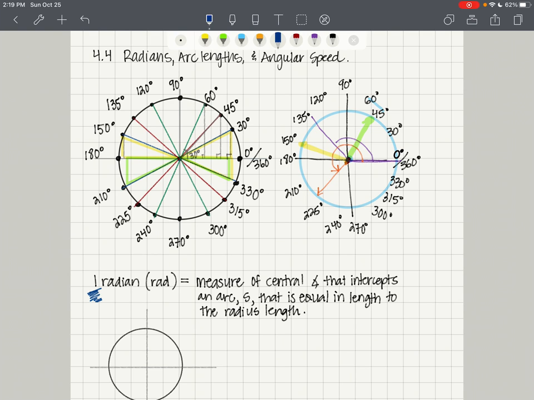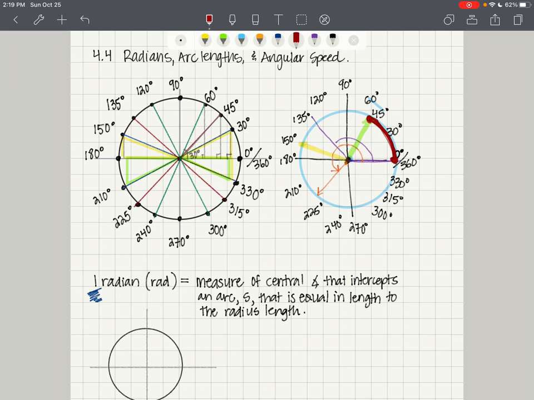is equal to the measure of the central angle that intercepts an arc that is equal in length to the radius length. So let me show you. We've got an arc. So this arc has a length. If I were to take steps from this initial point to the end point, if I were to walk along that arc, how long would it be?